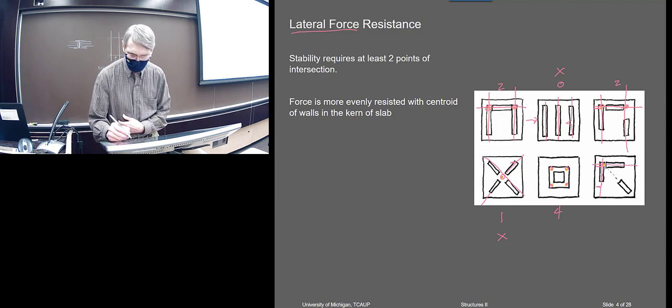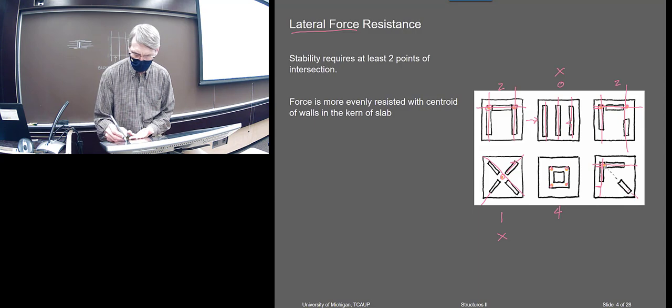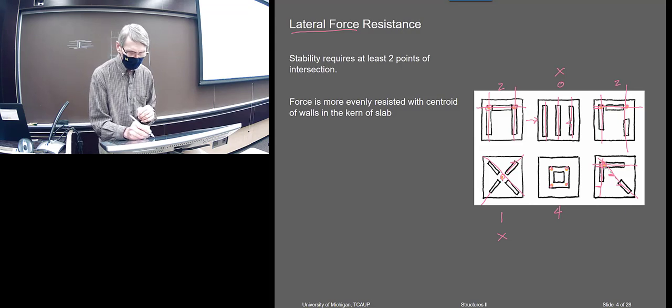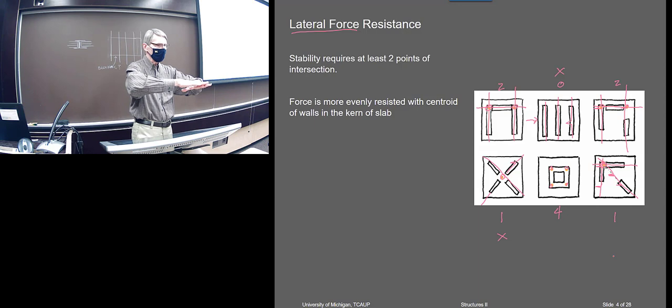Here, this almost looks like it would be stable. You'd say, okay, we've got the 2 shear walls, one in each direction, and here we've got even a third one, but they all intersect at a single point. Again, like this one, with 1 point, they're not stable. They collapse. They rotate about that point.